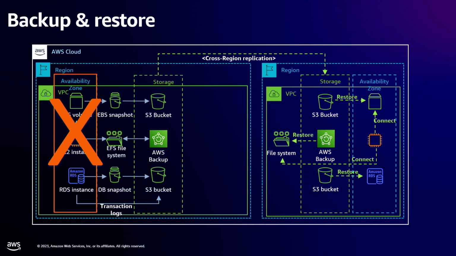So I can choose the region where I want to replicate my snapshots to. And now my snapshots are always in a different region. So if I want to recover to another region, let's say in case of a more extreme event, I can then simply restore all of those resources into a different region.